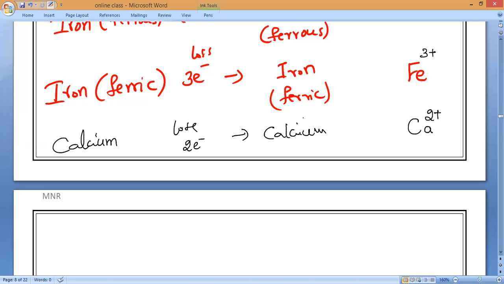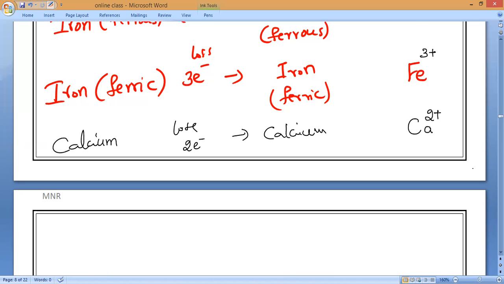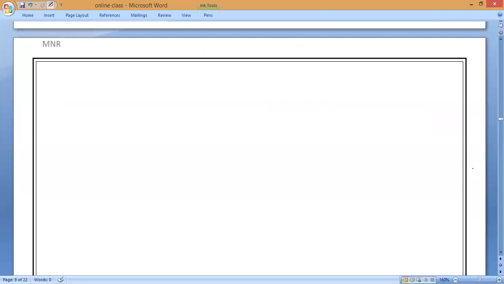Now, let us come to the anions. Are anion names the same or different? Different names. Their anion names end with what? Ends with "ide", ends with "ite", ends with "ate". So let us discuss everything with some examples.